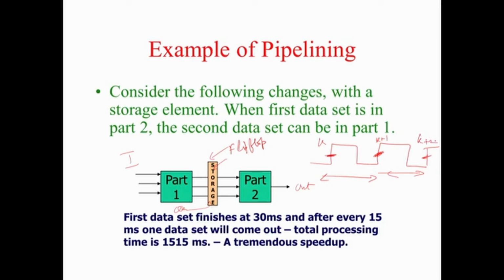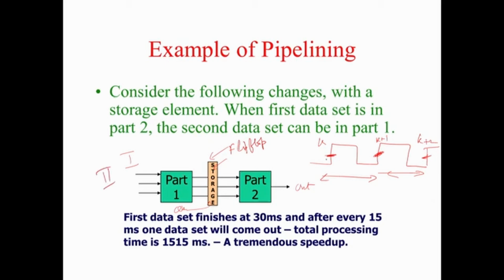Now please note that between k and k plus 1 part 1 was working, between k plus 1 and k plus 2 part 2 was working, between k and k plus 1 part 2 was idle, between k plus 1 and k plus 2 part 1 was idle. So what I can do is pump the first data, and in the next clock pulse I can pump the second data here.